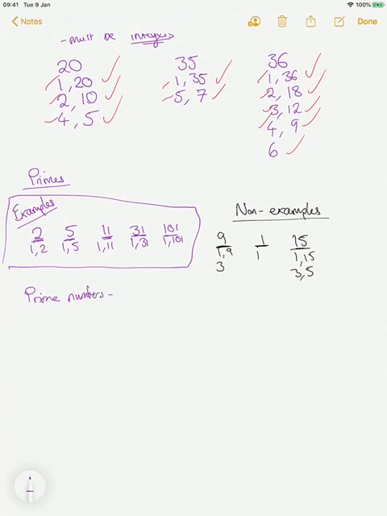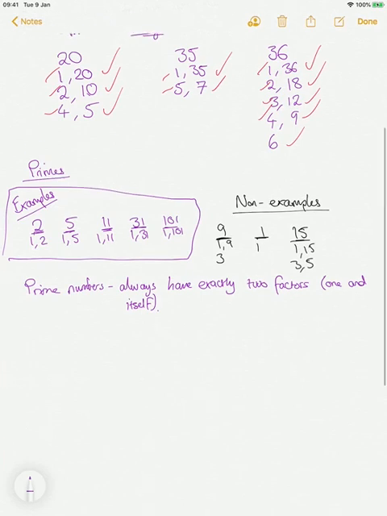So prime numbers. So there's your definition of prime numbers.